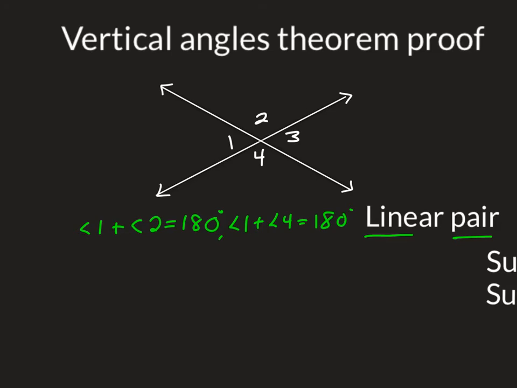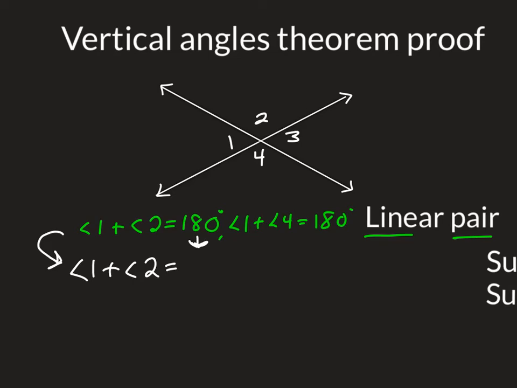So now let's take a look at what we have. We have 1 plus 2 is 180, and 1 plus 4 is 180. I'm going to go down to the next step and start copying this step. Angle 1 plus angle 2 is equal to 180. But instead of writing that 180, I'm going to replace it with something that's also equivalent to it.